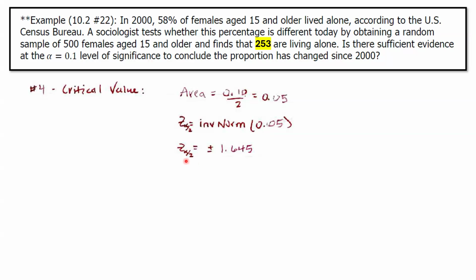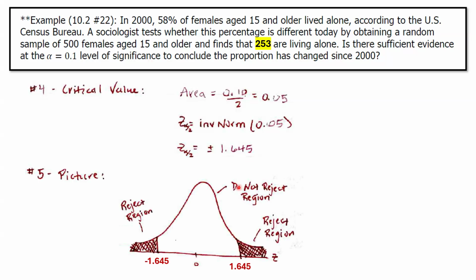Okay, and that will give us a z-score of 1.645. Since we are a two-tailed test, we also have a negative 1.645 as well. So for step 5, we now have an image of our normal curve with the rejection regions shaded on both sides. And our critical values here are negative 1.645 and 1.645.